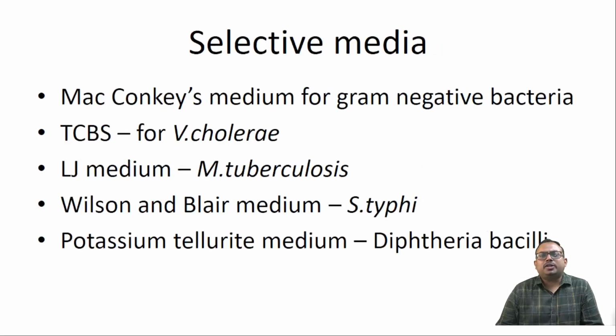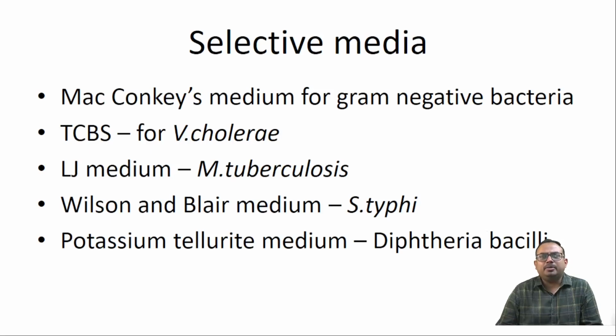Now let's see what can be an example of a selective culture media. Selective culture media inhibit the growth of certain microorganisms. It has certain inhibitory components which inhibit the growth of certain microorganisms over others, like in the case of MacConkey agar, which acts as a selective media.